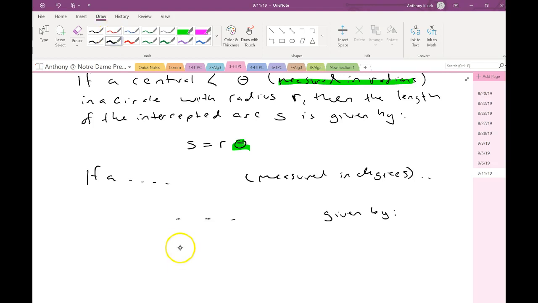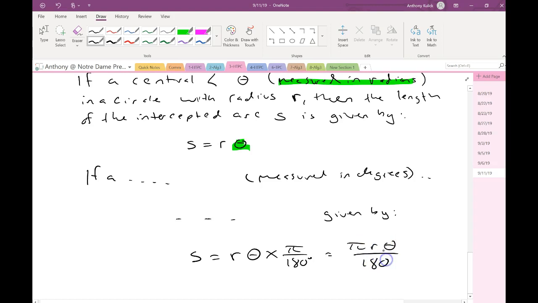So what do I do to do that? I multiply it by pi over 180. Or if I wanted to clean that up a little bit, maybe I call that pi r theta over 180 degrees.